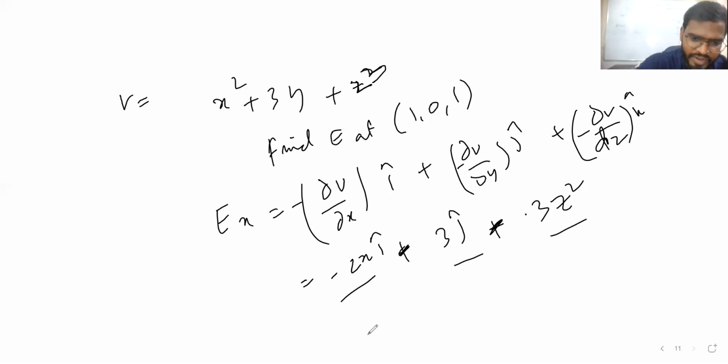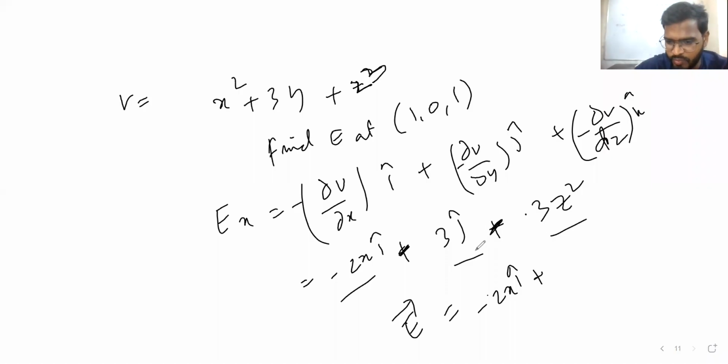Now if you put the value of the electric field in vector form at 1, 0, 1: minus 2x i cap becomes minus 2 i cap.